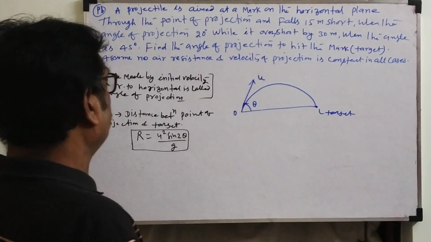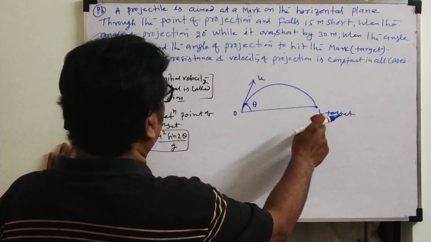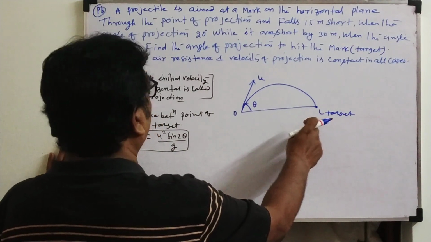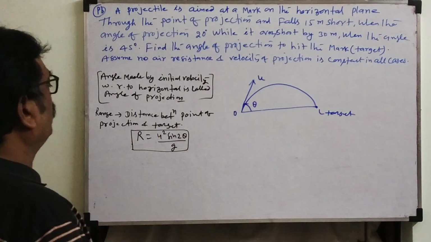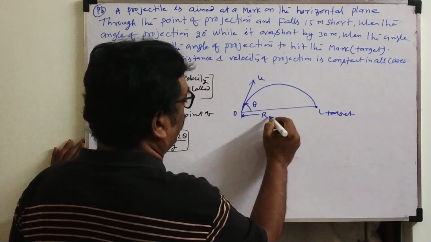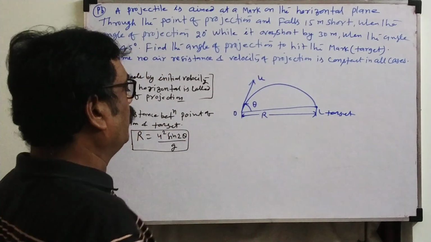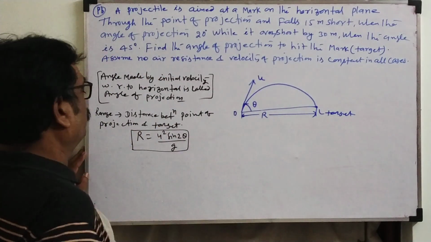What is the angle of projection? It is the angle made by the initial velocity with respect to the horizontal.